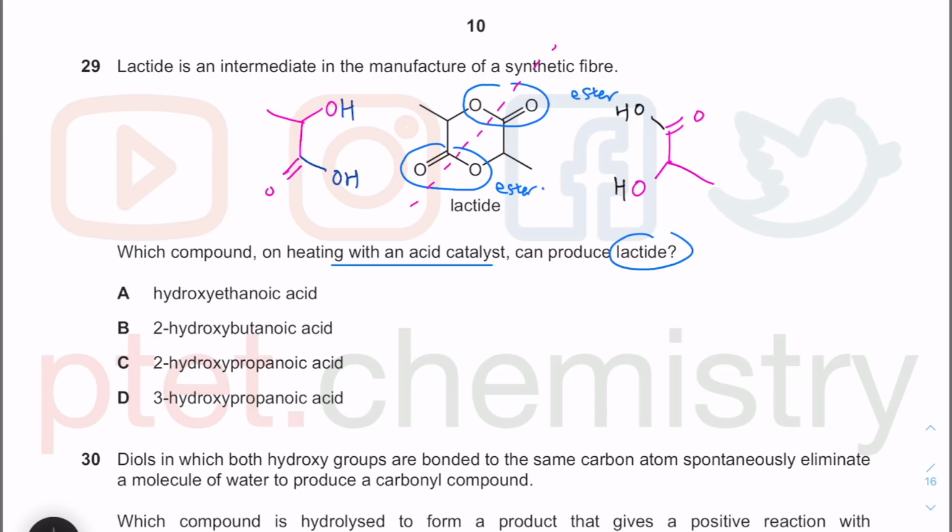So we just need to name this molecule. If we name the longest chain carbon 1, 2, and 3, of course you could do it the other way around, but carboxylic acid has the higher priority, so this has to be carbon 1. So this is 2-hydroxy propanoic acid, because it is a 3-carbon acid, so propanoic acid, and then 2-hydroxy because you have an OH at position 2. So option C must be correct there.